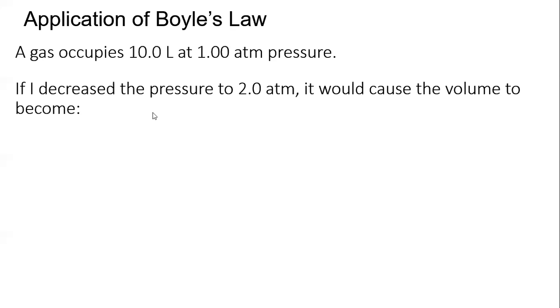So we want to find the final volume when we increase the pressure from 1 atmosphere to 2 atmospheres. So we start at 10 liters in 1 atmosphere. If we increase the pressure, what would the new volume be? What we're going to be using is P initial, V initial equals P final, V final. Let's set that up.